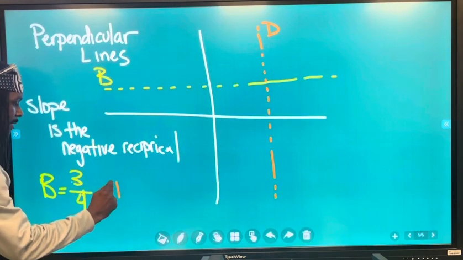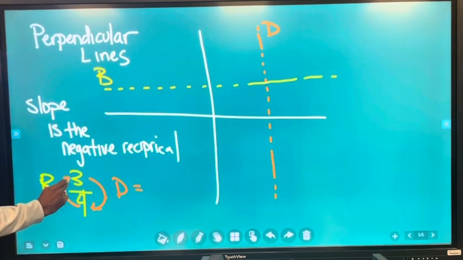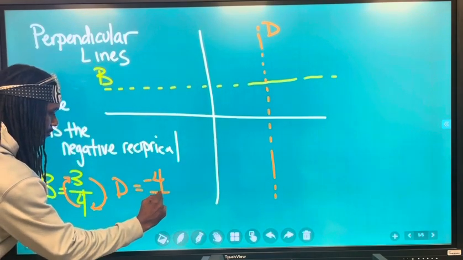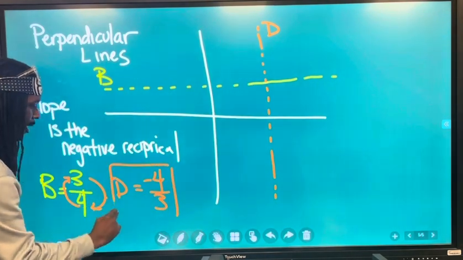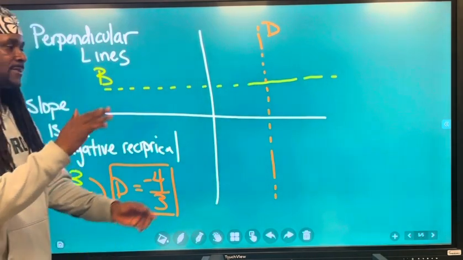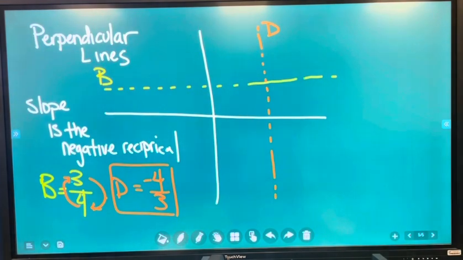To get the slope of line D, you take line B's slope, take the reciprocal and make it the negative value. So the slope for line D would be negative 4 over 3. Does that make sense? Parallel is same slope, perpendicular, negative reciprocals of each other. Got that? All right.